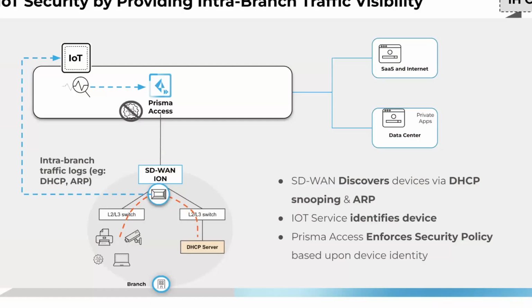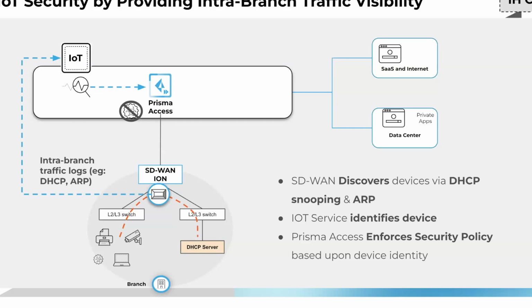So what Prisma SD-WAN already does, it does two things. One which we introduced earlier this year, where we monitor a couple things in the branch network. So we look for any DHCP traffic either to the ION or through the ION. So we snoop that, and then any ARP information attached to the ION itself.